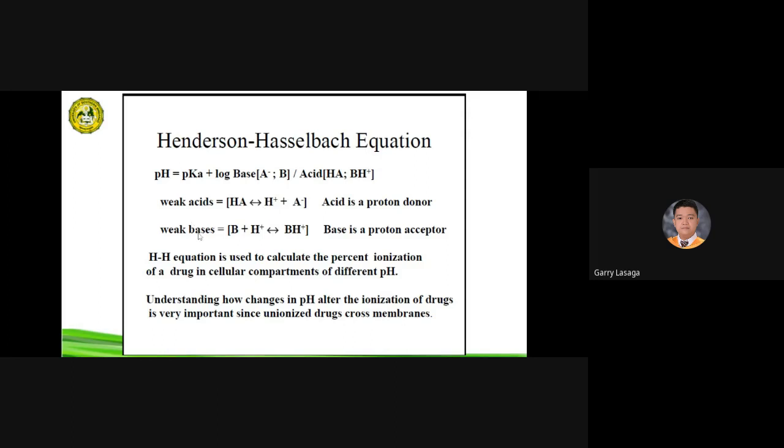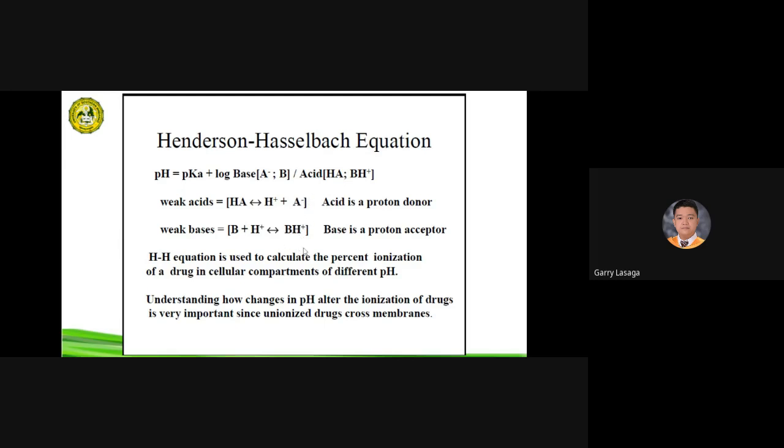For weak bases, it has the ability to accept hydrogen ions, so it is ionized, BH plus, and it can form the unionized form B plus the hydrogen ion. So base is a proton acceptor. The proton refers to the hydrogen ions. So this is the conjugate base.